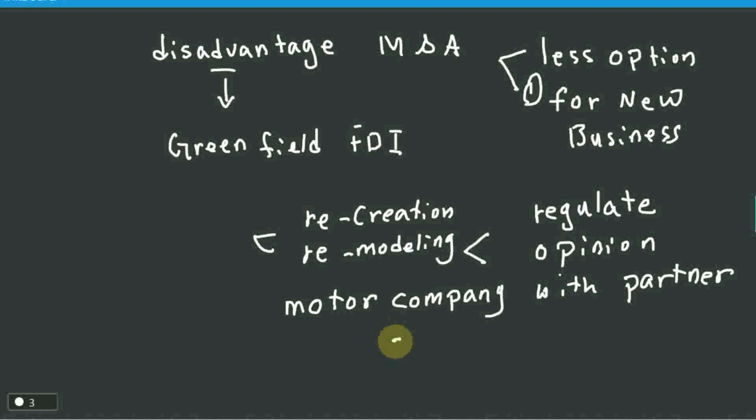Then you wanted to expand because you invested, then found that next year SUV will be a popular car. Then you want to have a new assembly line for SUV. Then the problem is that this motor company has for a long time been accustomed to sedans.